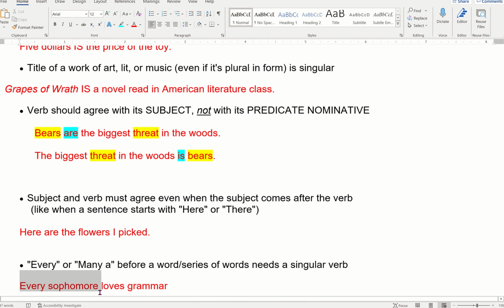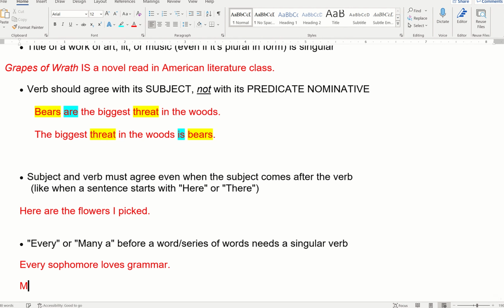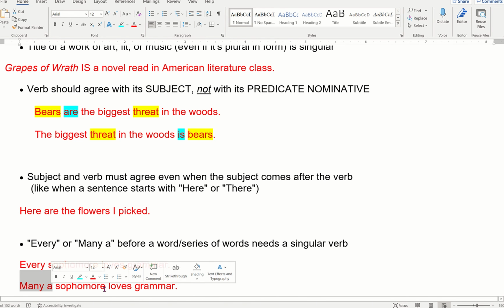When we say every sophomore, it sounds like, oh, that's a million sophomores, or at least 65. But we use a singular verb. If we did basically the same sentence with many a sophomore loves grammar. Same thing, many a, even though it makes it sound like it's a big group, grammatically it's still going to be singular and take a singular verb.